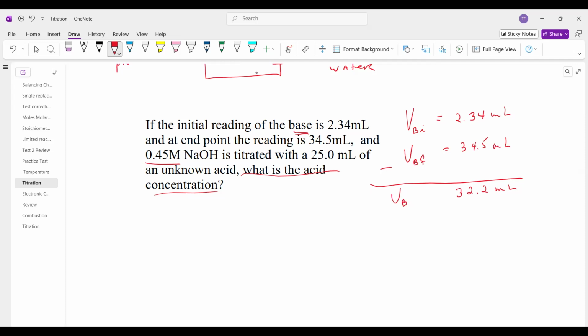Then we need to convert it to liters by dividing it by 1,000. All right, so that's the volume of our base.